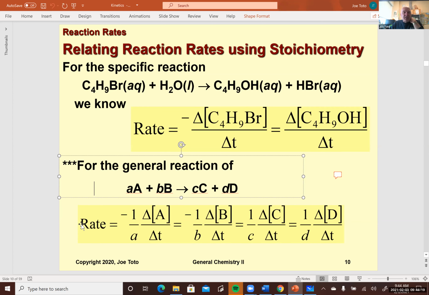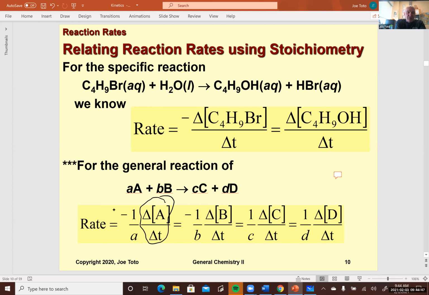The equation down here still applies, and we saw that for example, if we wanted to talk about the rate of consumption of, say, A, that would be delta concentration of A over delta t. We can identify that in this relationship that's provided.